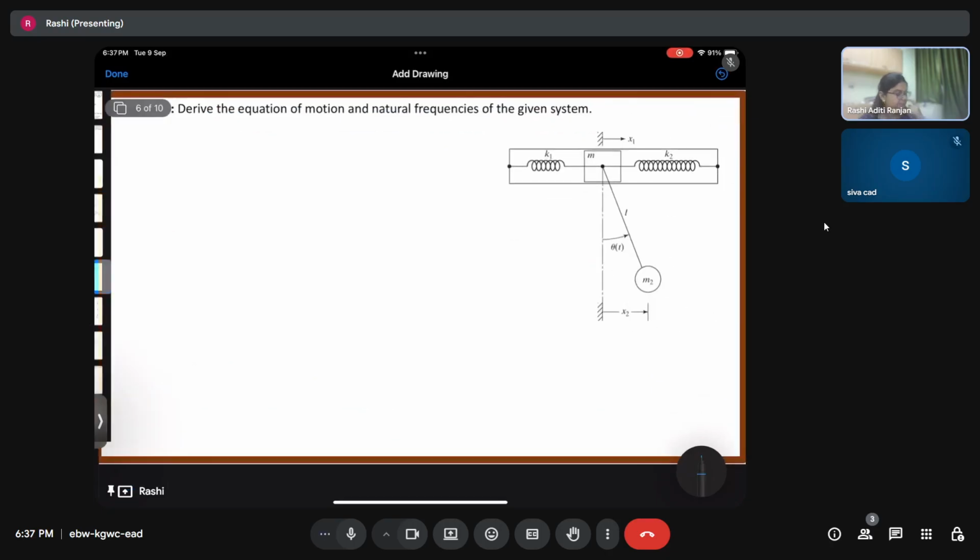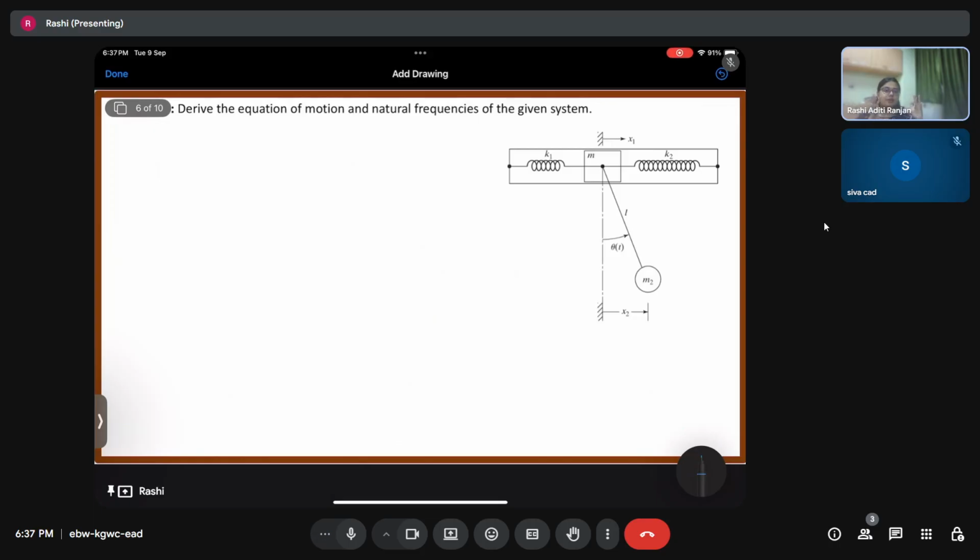Okay, so we have to derive the equation of motion and natural frequencies of the given system. The system that we are looking at here is essentially a 2 degree of freedom system, right?